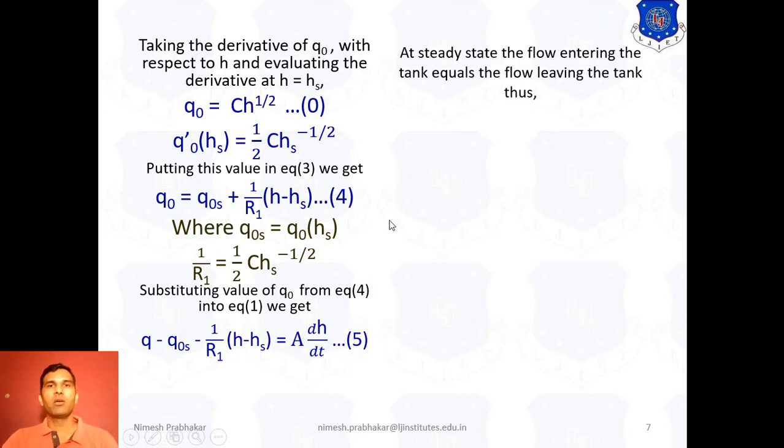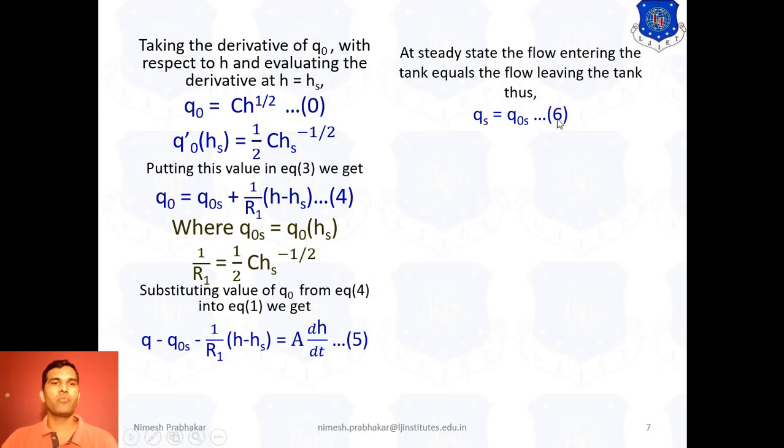Now, at steady state, the flow entering the tank is equal to the flow leaving the tank. So we can write Qs is equal to Q0s. That means this steady state value Q0s is nothing but Qs.